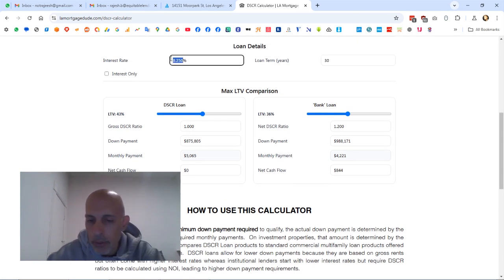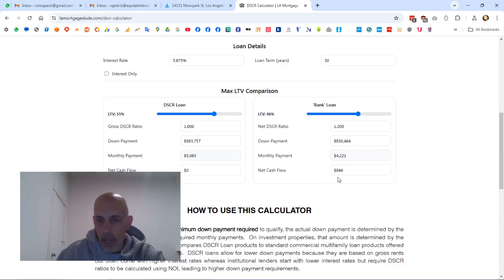And on the bank loan side, you can easily get a 5.875% interest rate loan at a 1.2 DSCR ratio, which is $836,000. And you're still cash flowing $844, but given the choice between two options, a DSCR loan for 8.5% or a bank loan for 5.875%, your down payment is exactly the same.